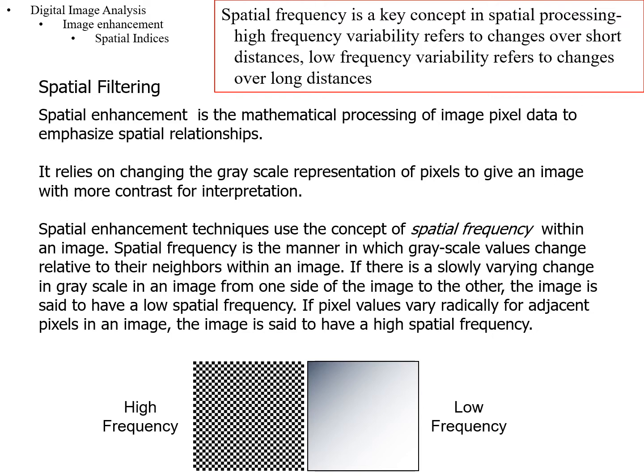So we're going to talk about spatial enhancement. And to understand spatial enhancement, you have to understand filtering and spatial frequency. We're going to go through the mathematical process of processing image pixel data to emphasize spatial relationships between pixels.